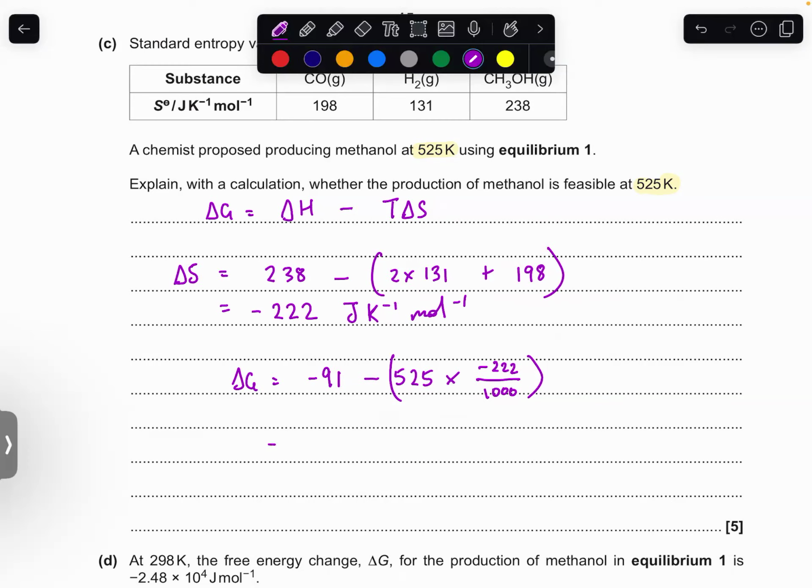That gives you 25.55 kilojoules per mole. And you see, it's not a negative value, it's actually a positive value. So delta G is greater than 0, which does not make this reaction feasible.